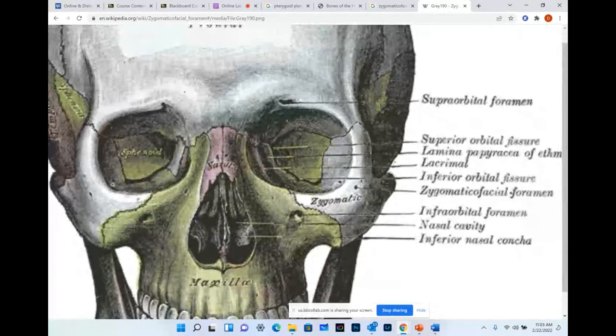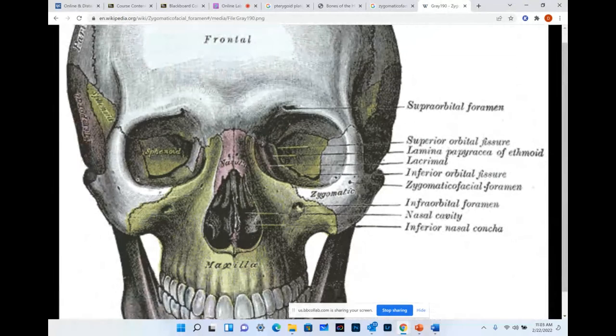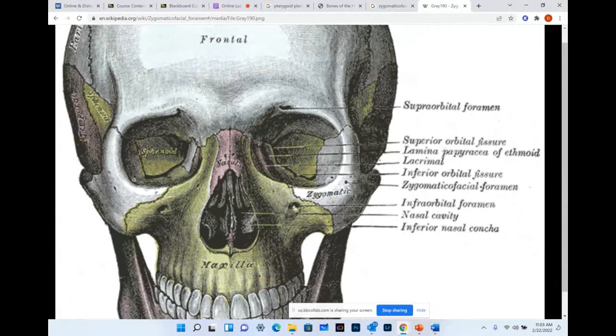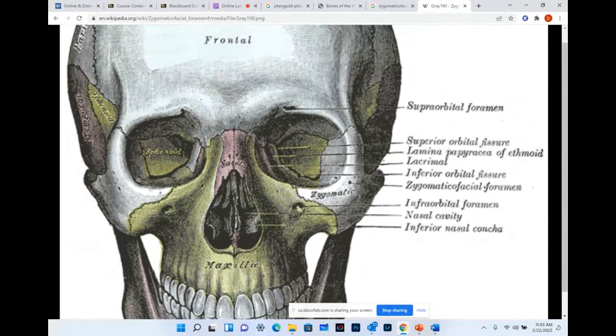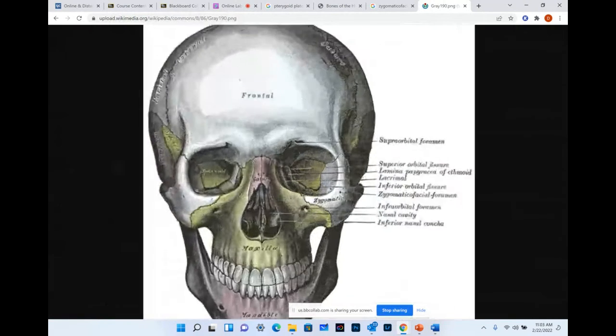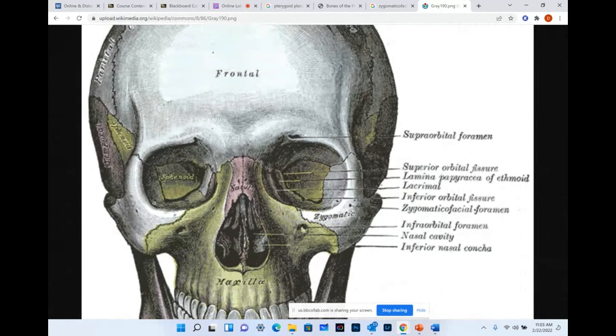Okay, look at that. See this hole? I cannot write on it, unfortunately, but look at my pointer. You see this hole? Zygomaticofacial foramen. See that? This hole? My cursor. And over here, you see this hole? That is zygomaticofacial foramen. Okay? And we are done with the zygomatic bone as well.